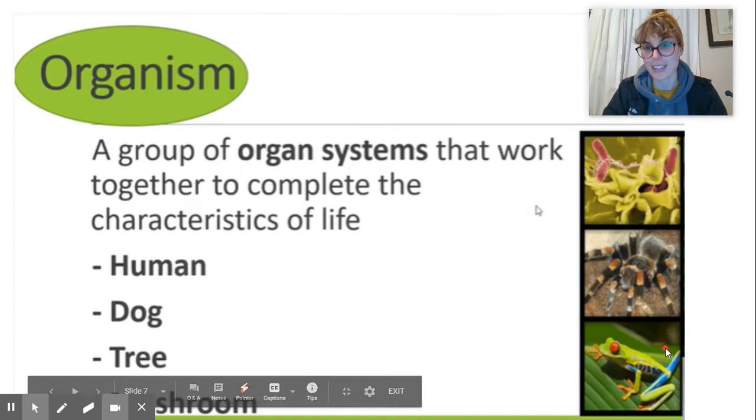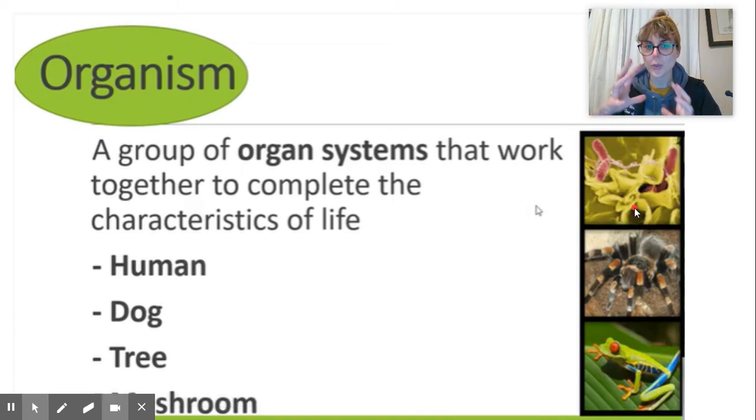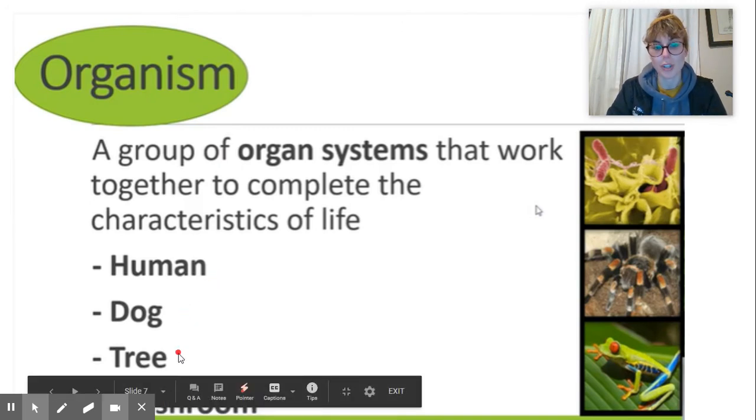It's a tree frog. It's an Amazon tree frog. All of them have unique organ systems that are not working independently. They're actually working together to allow the organism to survive. Some examples of organisms which you can record are things like a human, a dog, a tree, or a mushroom.